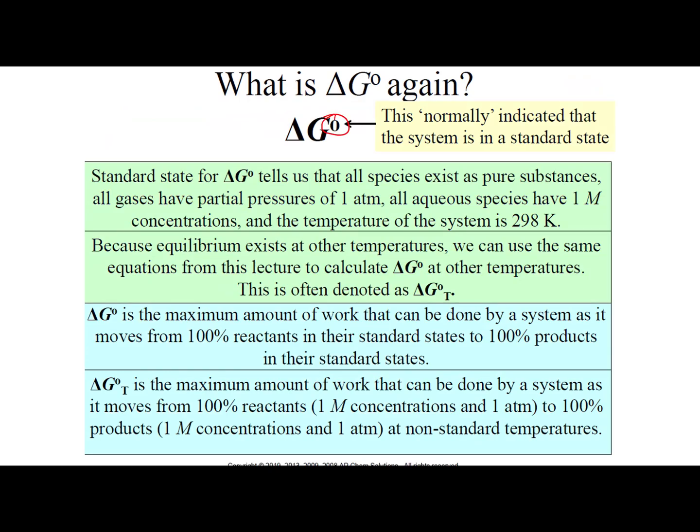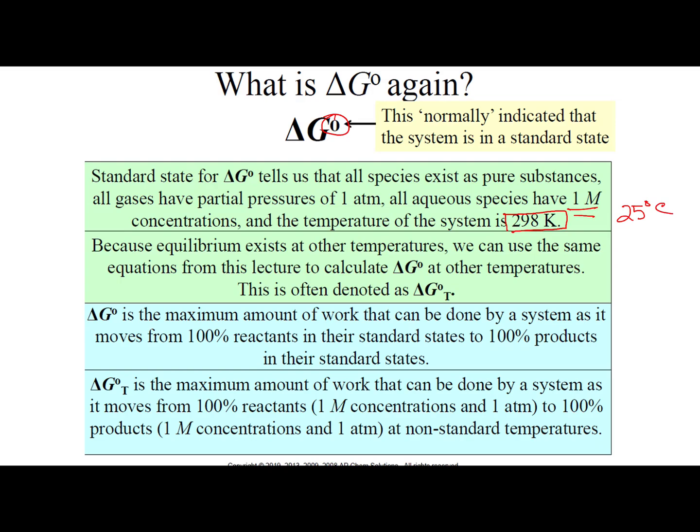So remember, what's delta G again? Delta G naught means that it's at standard state. Standard state would be a 1 molar concentration and a temperature of 298 Kelvin, which is 25 degrees Celsius.